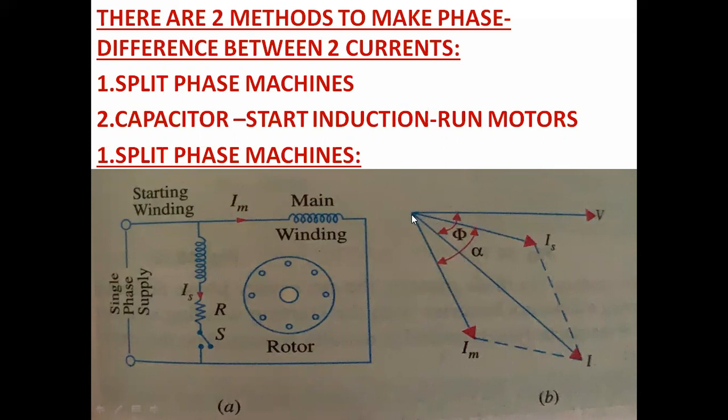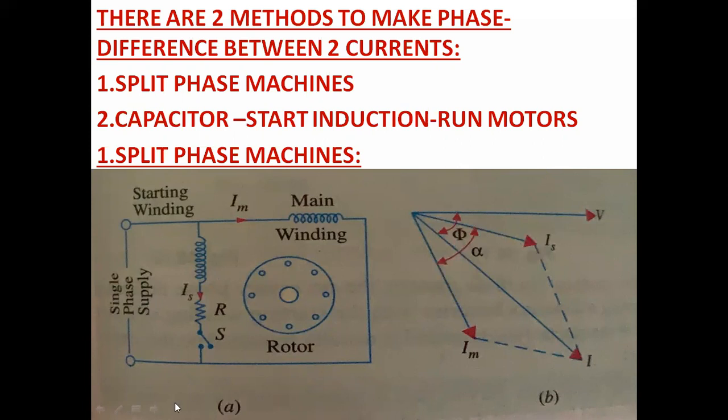If I am able to draw the current line above V, the phase difference increases. For making the current go above V, what should I take? I should take a capacitive nature.